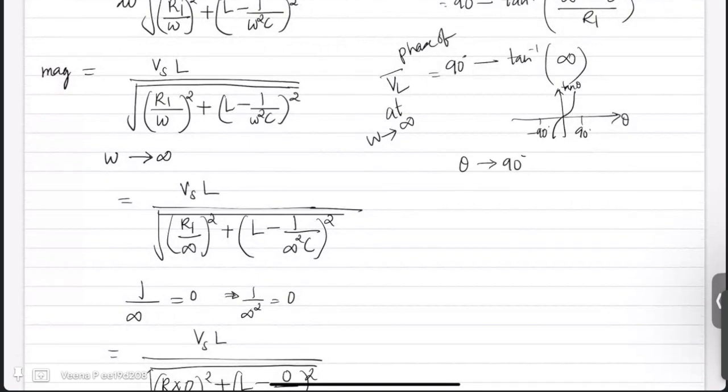As theta tends to 90, tan theta tends to infinity.